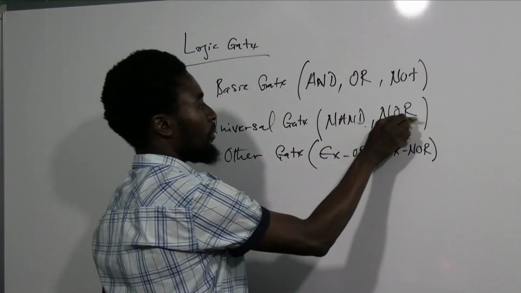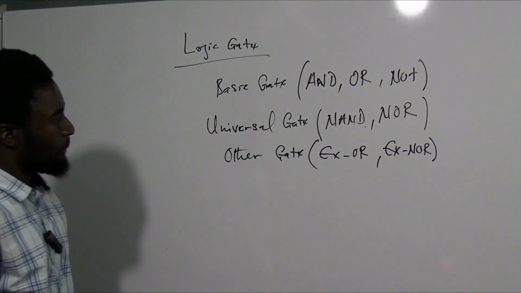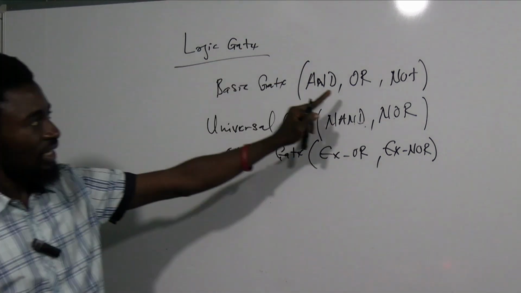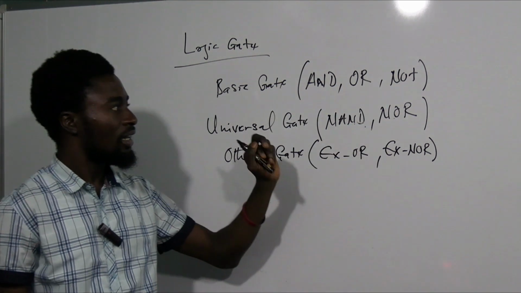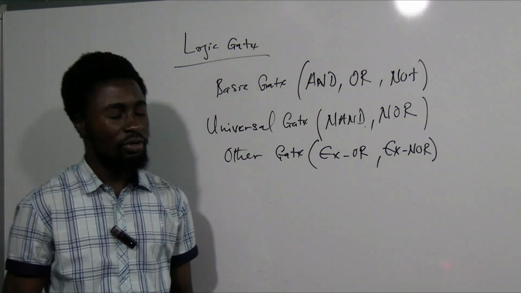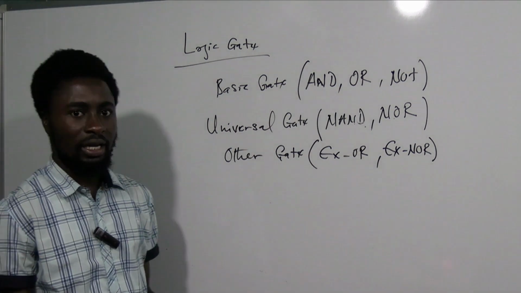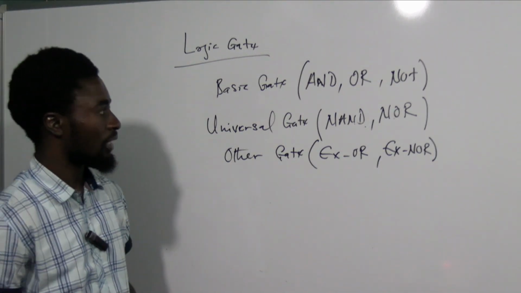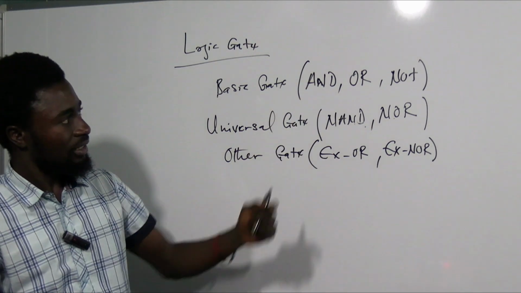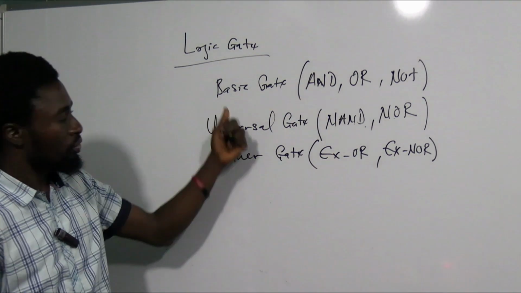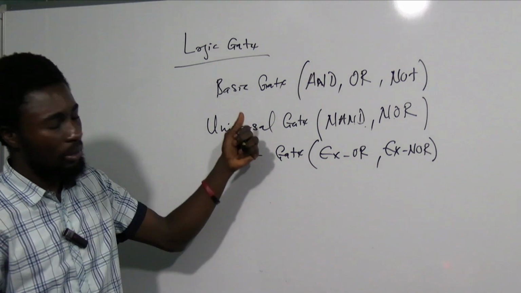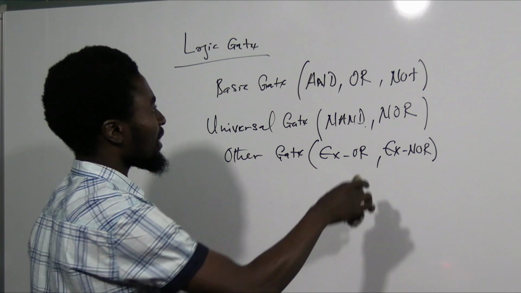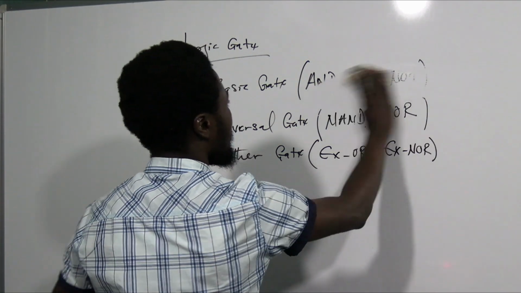So let's actually look at those various gates in question here and their symbols, because those are what we use when we are looking at how we can develop a digital circuit, like building that digital system. We use the logic gates to construct those systems. So now let's see how each of these gates may look like.